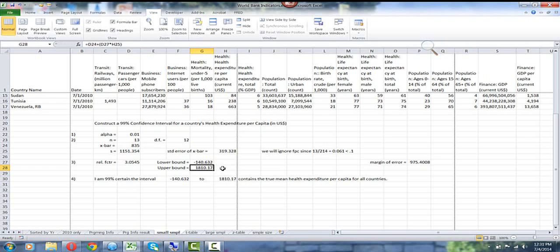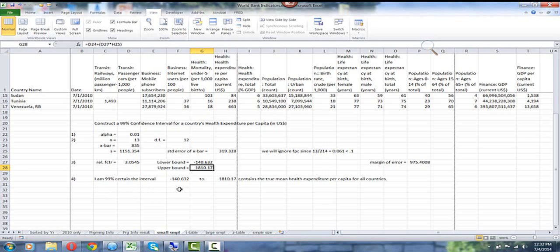And so now you have your lower and upper bound. Okay, and so now make a conclusion about that. I am 99% certain the interval 140.6 to 1810.2 contains the true mean health expenditure per capita for all countries. Okay, and you're pretty much done then.